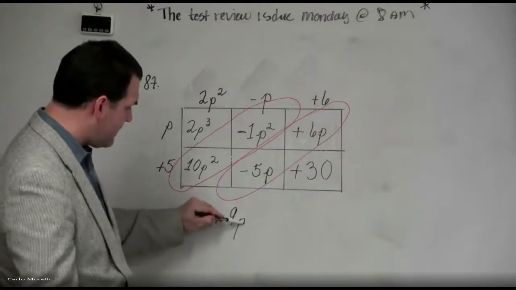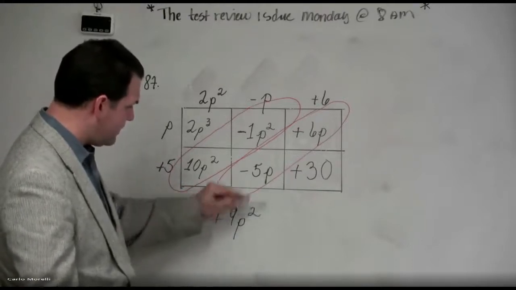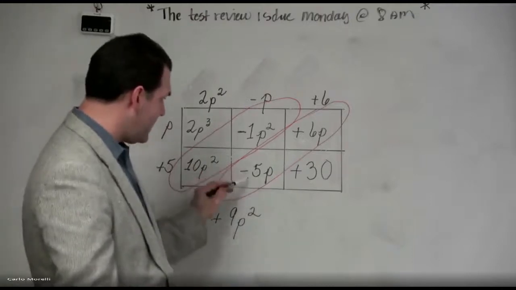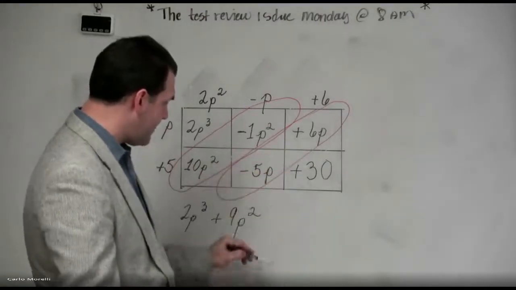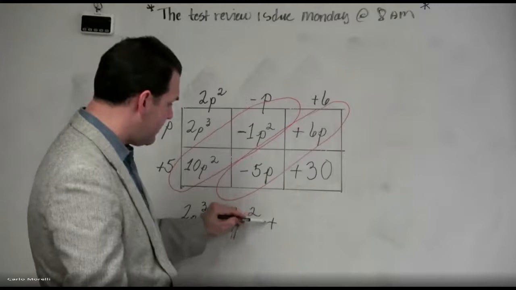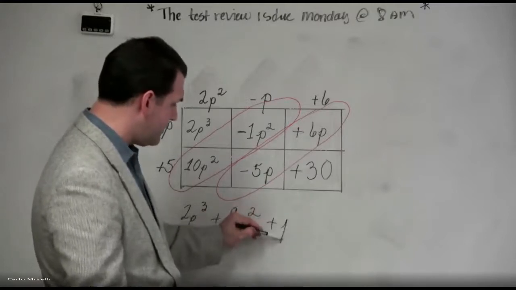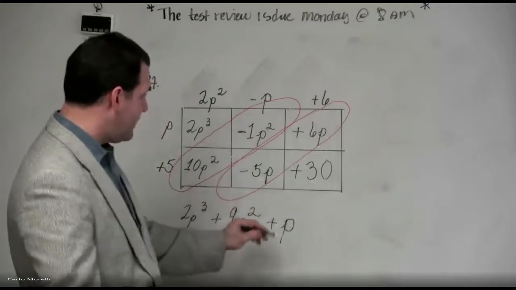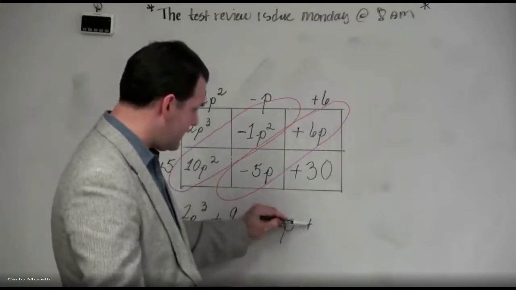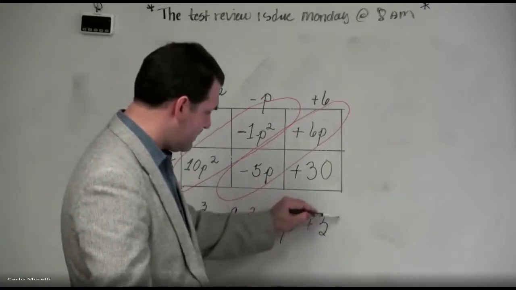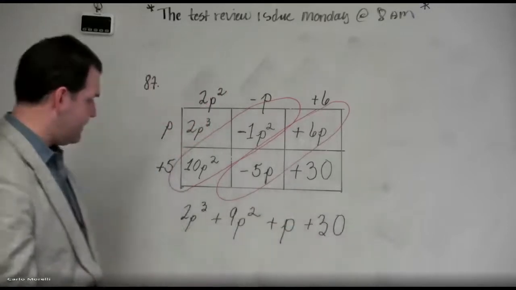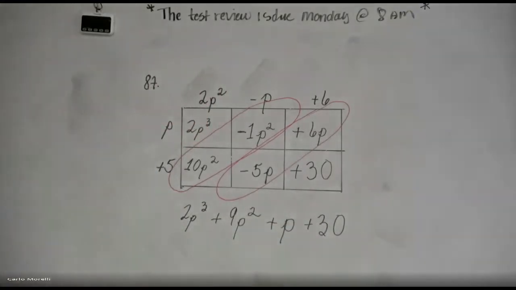We always want to write in descending order of exponent. Now negative 5p plus 6p gives us positive 1p, but in our final answer we don't need to put the 1p, we're just going to put plus p. And then the plus 30 just gets tacked on the end. It's nice, huh? This is cool.